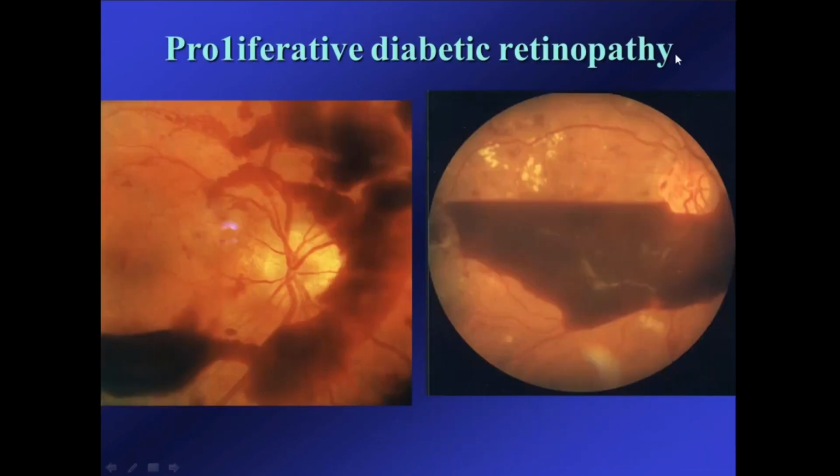Here you can see the big hemorrhage from new vessels, a very severe situation because this hemorrhage affects the macula, the central area, and the patient in this situation can't see in the center.